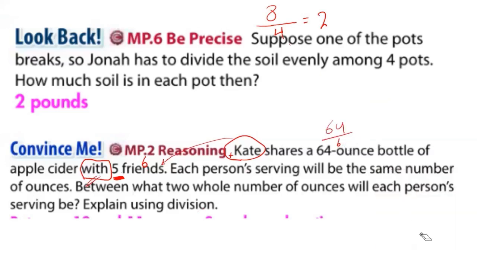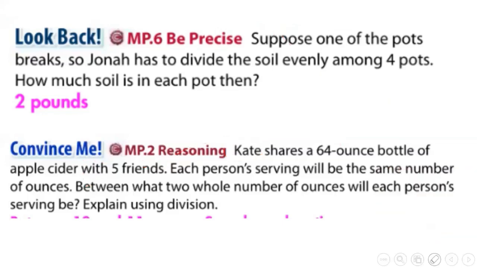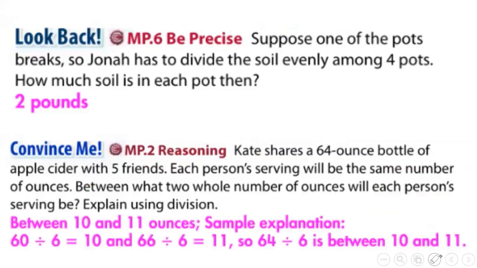Okay, everybody? Each person's serving will be the same number of ounces. Between what two whole numbers of ounces will each person's serving be? Explain that. Sure, Katie will be with them. So they will be between 10 and 11 ounces.